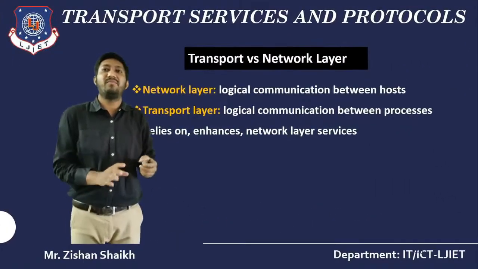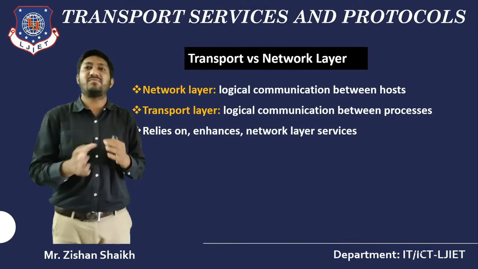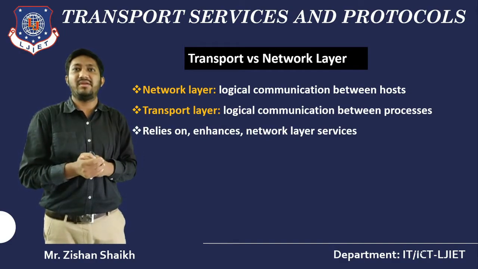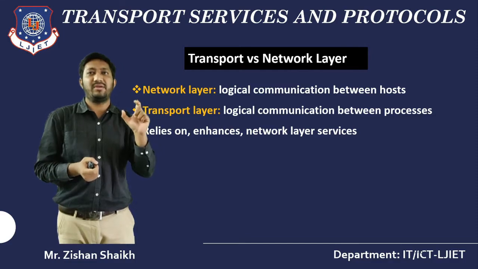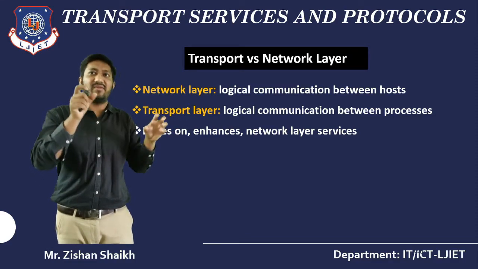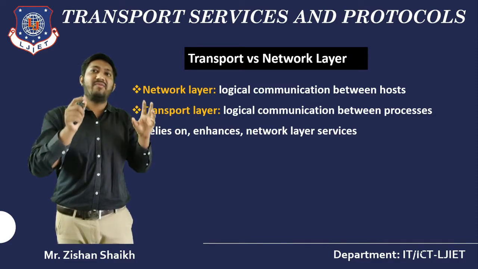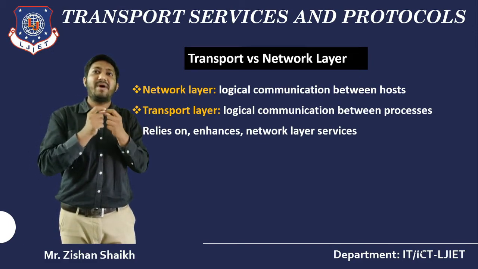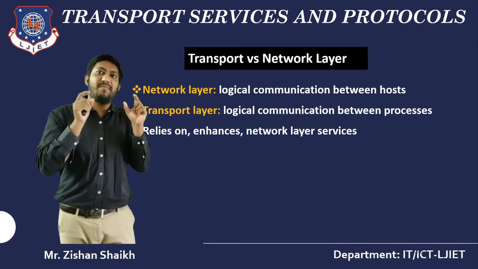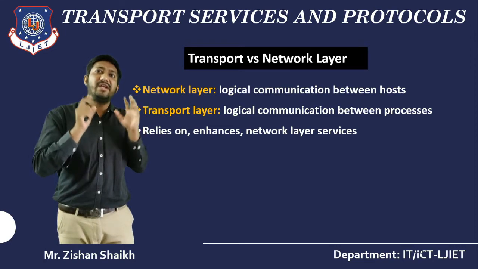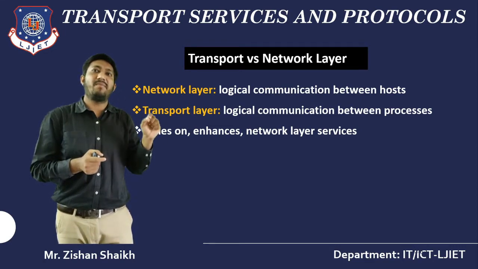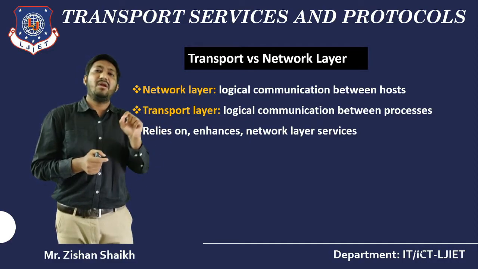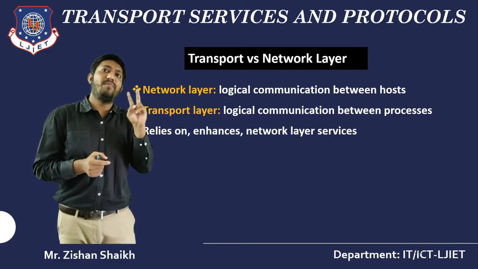Now we are looking at the task of transport versus network here. When we are talking about communication between two hosts, where there is one source and one destination and I want to create one logical path, that path is handled by your network layer, because the router is performing that task. But when we are talking about the transport layer, it is all about the logical communication between two processes.